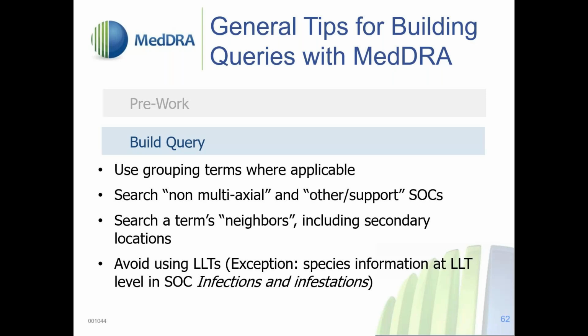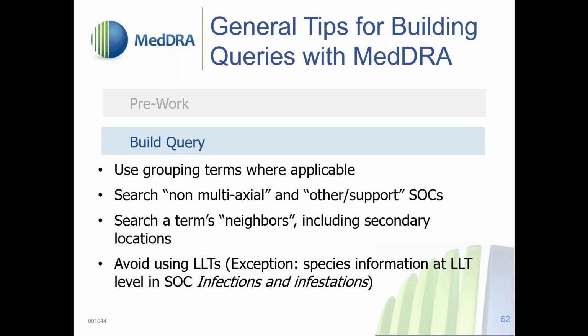But please don't forget to look at the non-multi-axial and other support SOCs, because those terms will not be found in your disorder SOC. It's very important to also look at the PTs which are close to the one which you're interested in or which you already picked, because these neighbors could be relevant as well, because they are related to your topic.